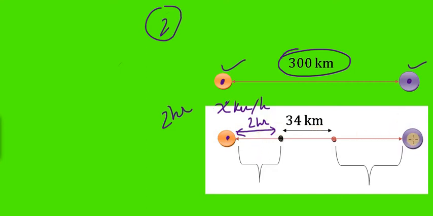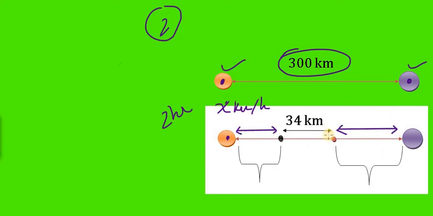And let's also say that the motorcyclist who has x plus 7 kilometers per hour starts from this station, okay, and he covers this much distance in 2 hours.